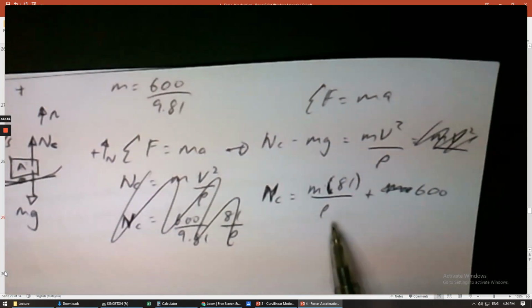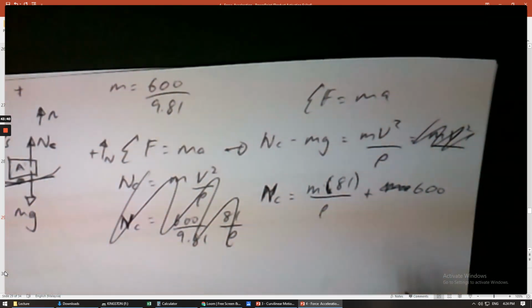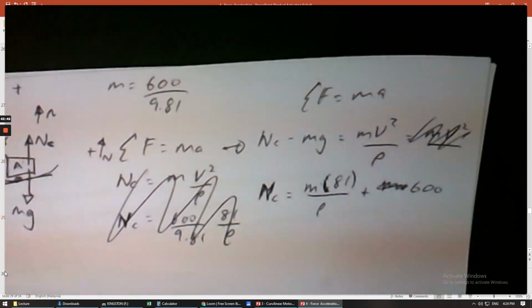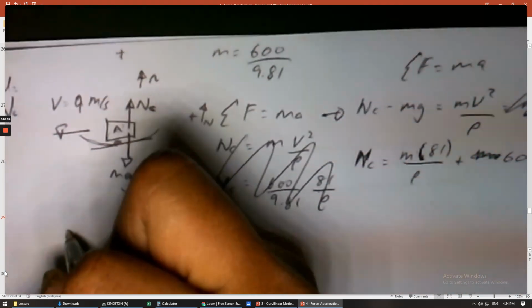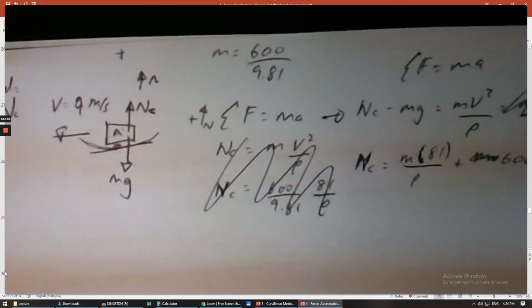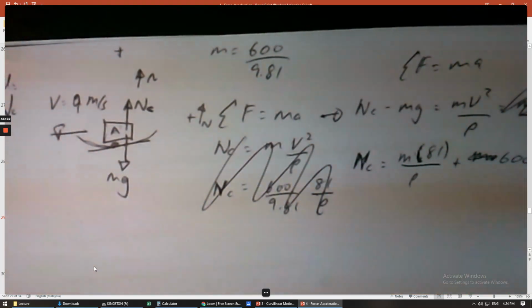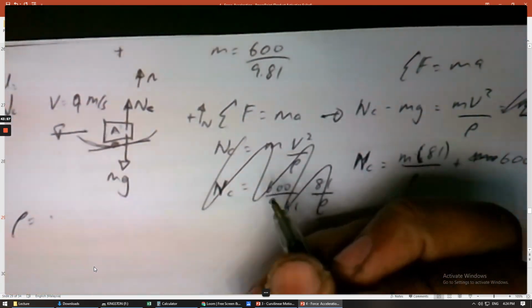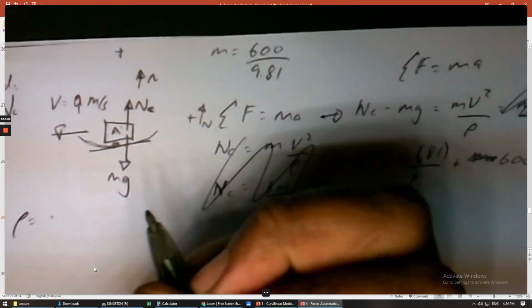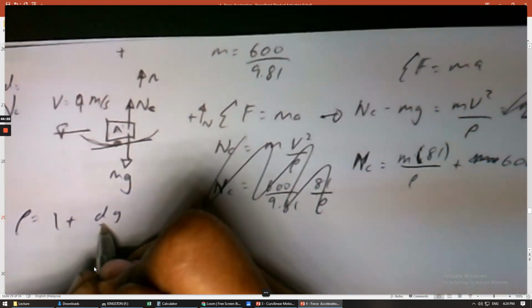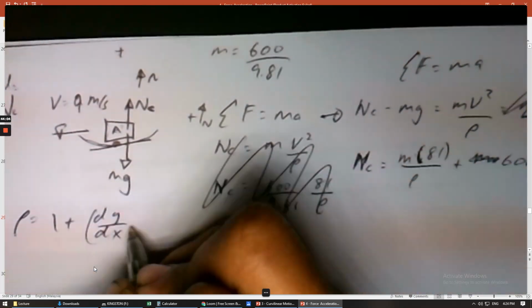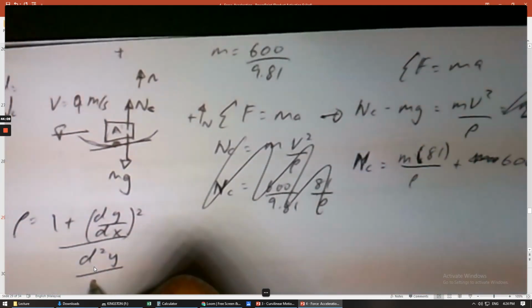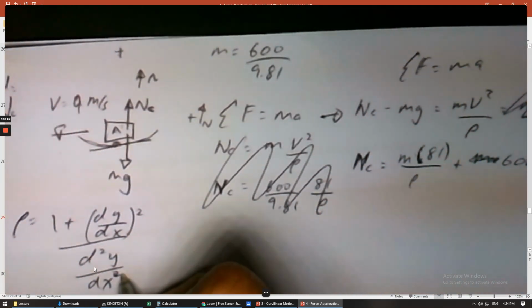m is given here, however rho we do not know, so now we can use the long equation to solve for rho. Because in the question we are given the equation of the ramp, so rho, and I hope you can remember this, is 1 plus dy/dx squared, divided by the second derivative of y.